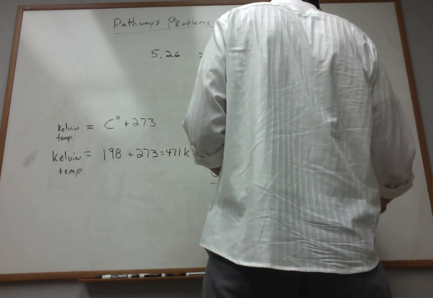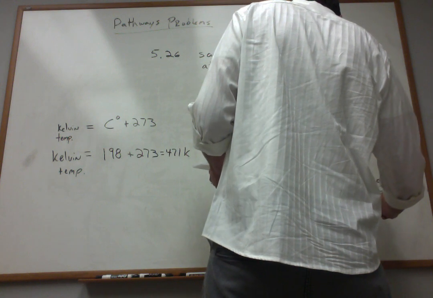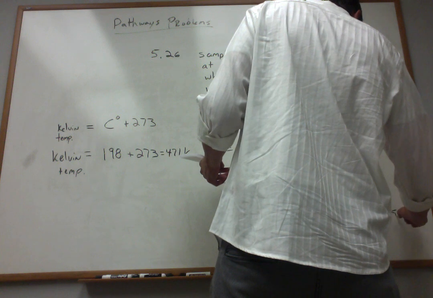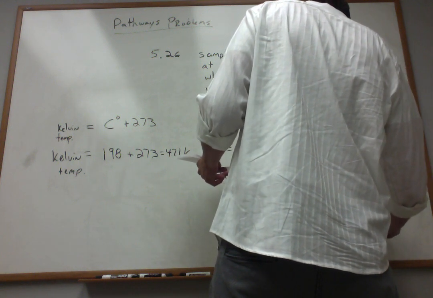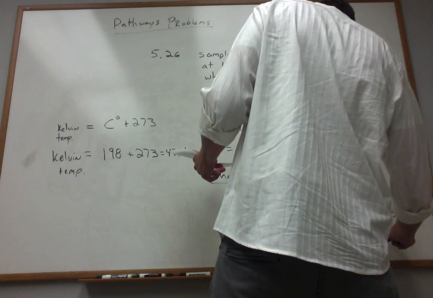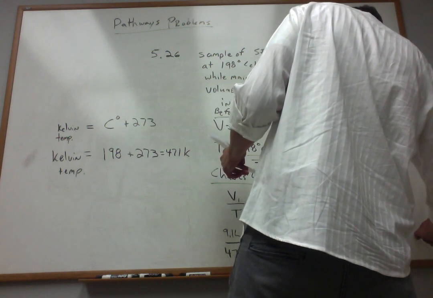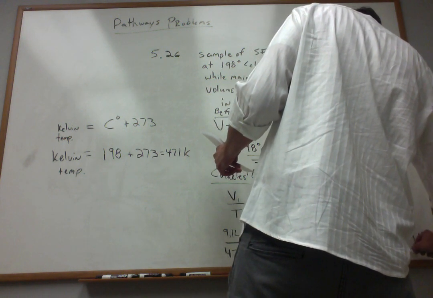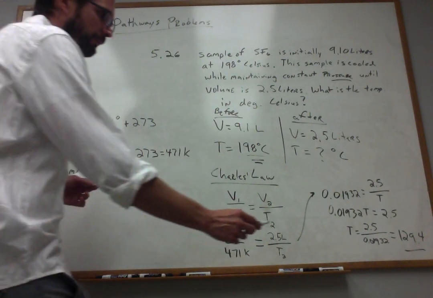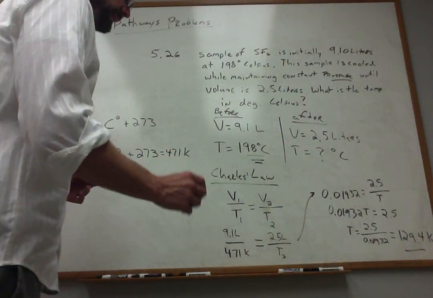Then if I multiply both sides by T, I get 0.01932 T is equal to 2.5, and then T is 2.5 divided by 0.01932. If I do the math, I get 129.4. 129.4 Kelvin is my T2.